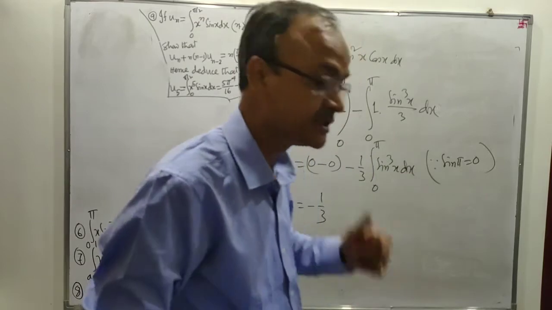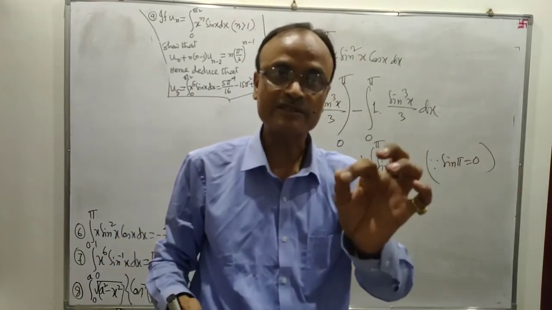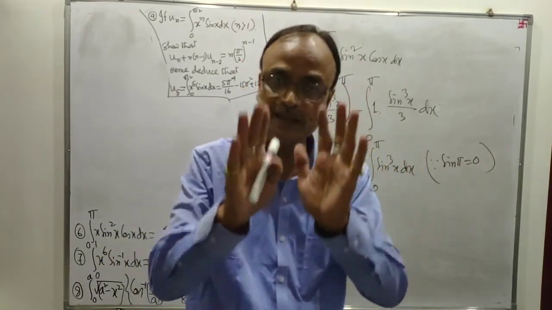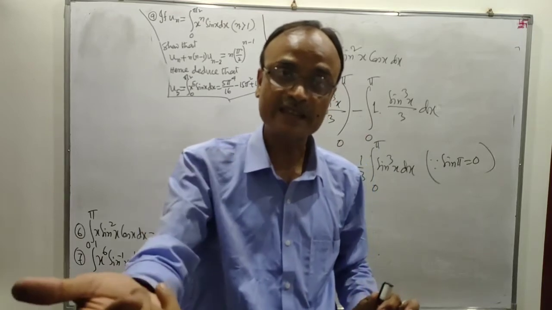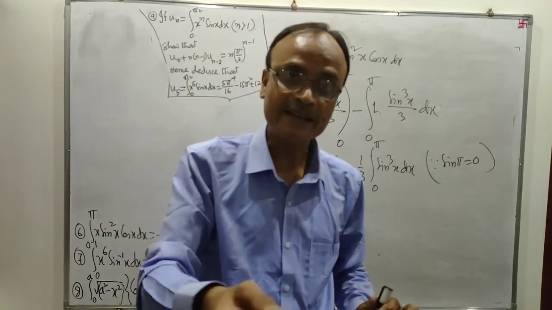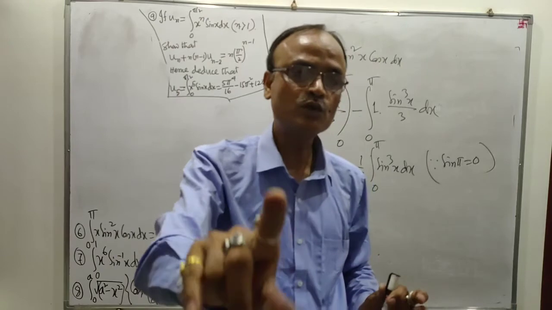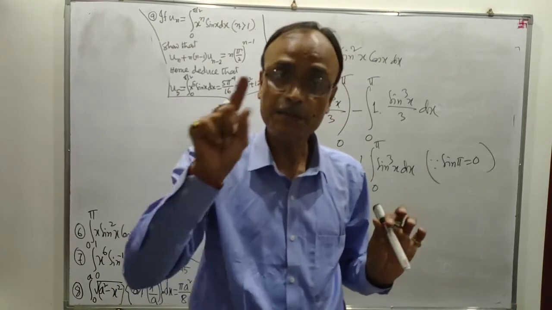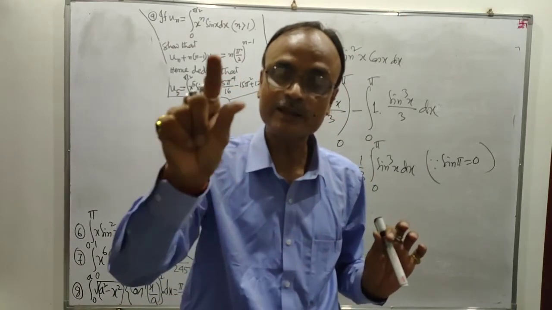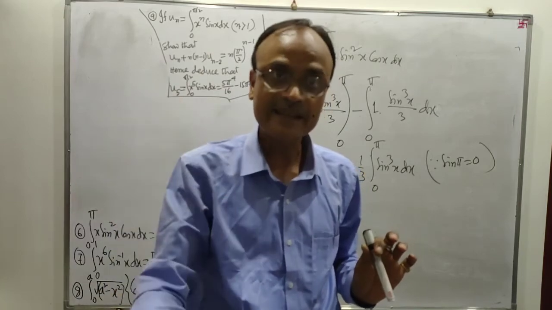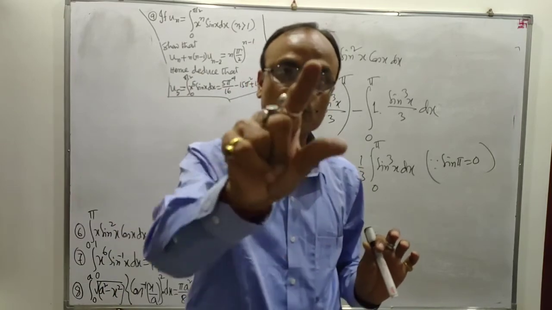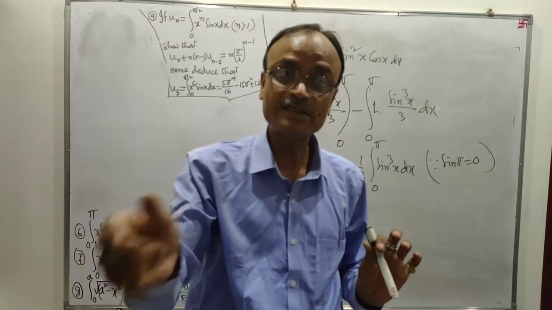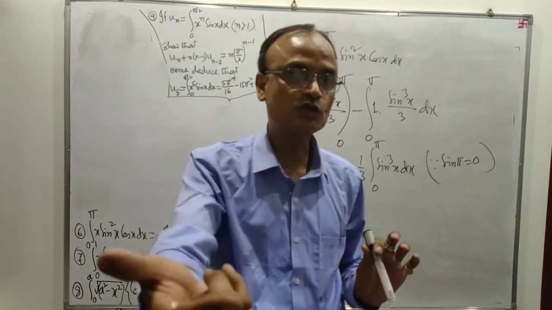Integration 0 to 2a f(x) dx equals 2 times integration 0 to a f(x) dx, provided f(2a minus x) equals f(x). If f(2a minus x) equals f(x), then integration 0 to 2a f(x) dx equals 2 times integration 0 to a f(x) dx.